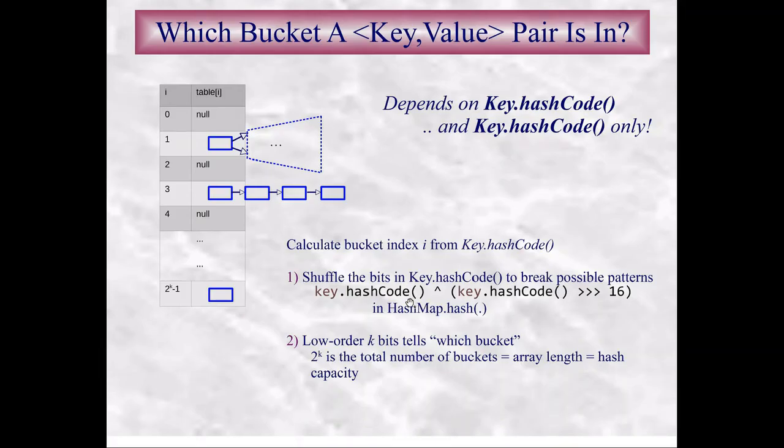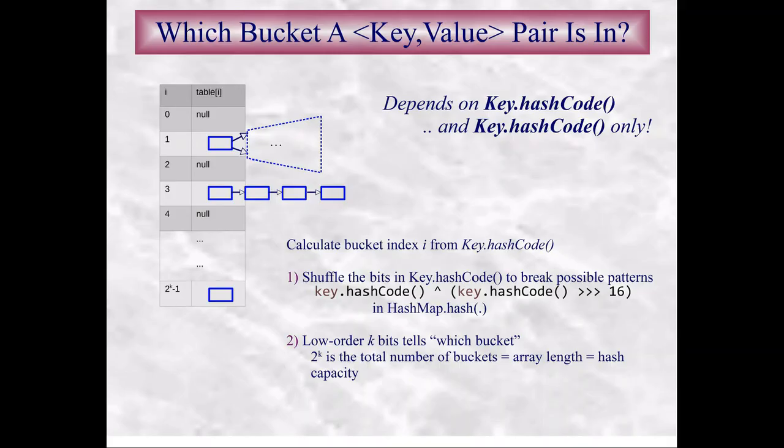Once it's done, all it does is look at the rightmost k bits in the outcome of this calculation, and that's it. It just looks at the k bits, because the range of values that can be represented in k bits is from 0 to 2^k minus 1.